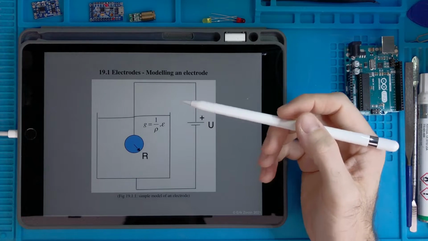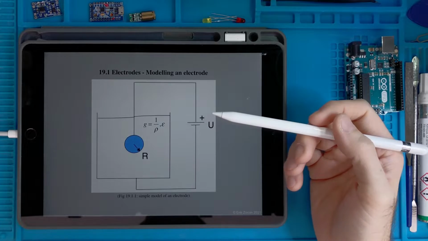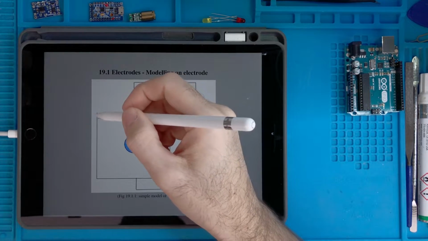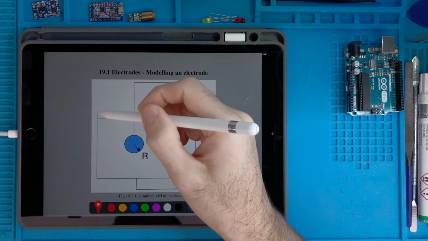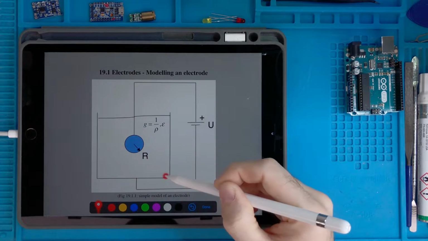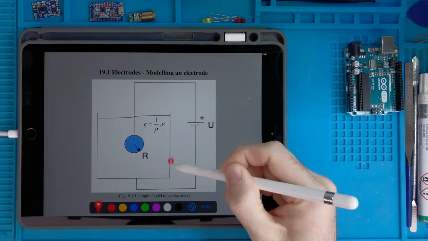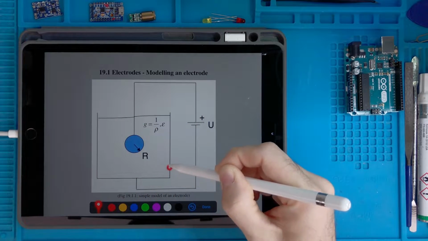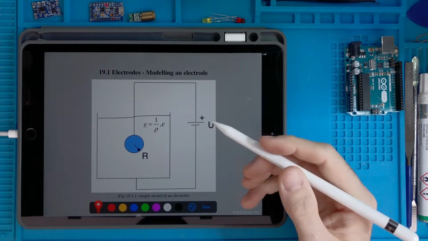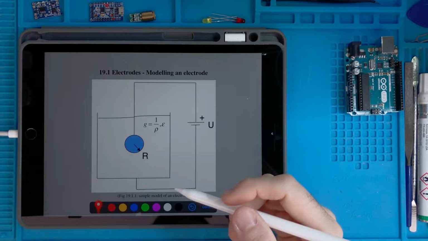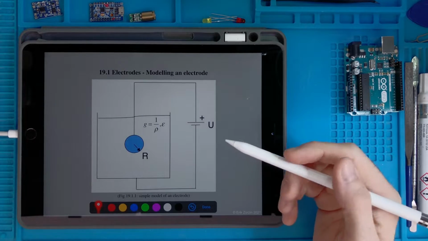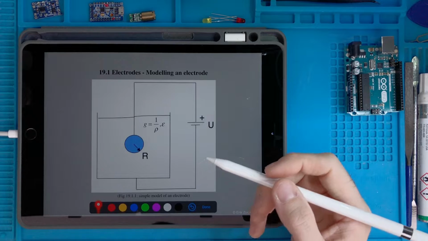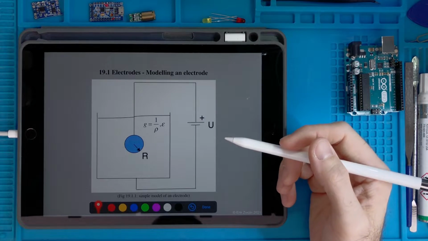So now what do we have here? We have a situation where we have a container, which is this thing here. It's like a beaker, but it's not manufactured in glass, but instead this time is manufactured in metal. So it's a very good conductor, let's say a perfect conductor in this simple model we have.